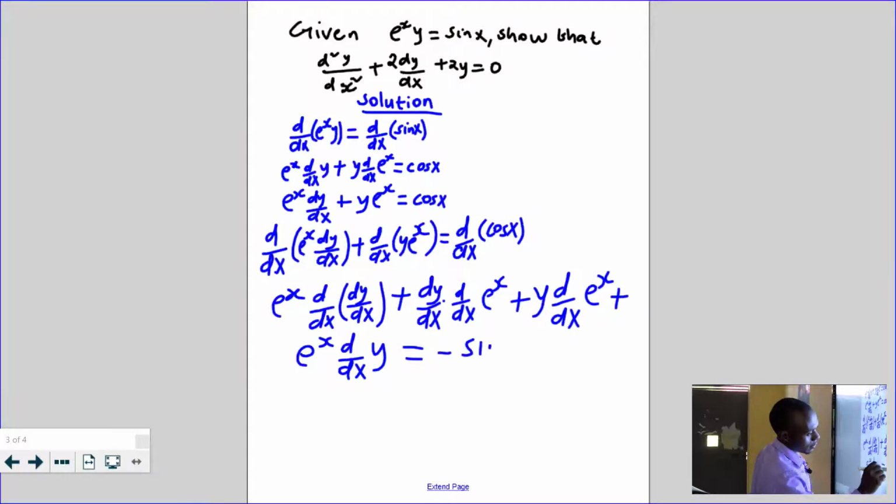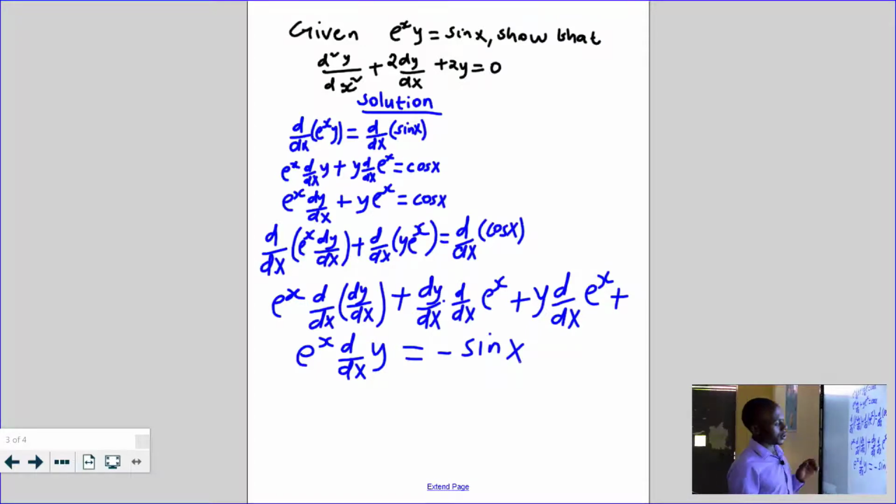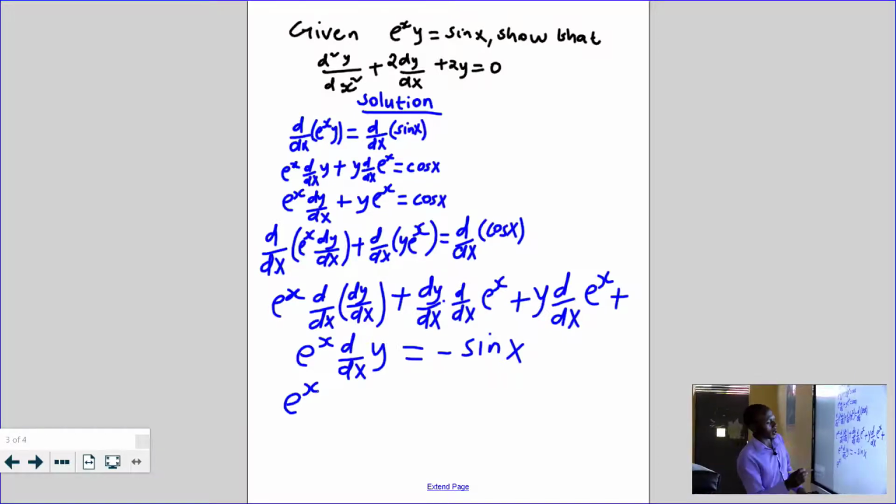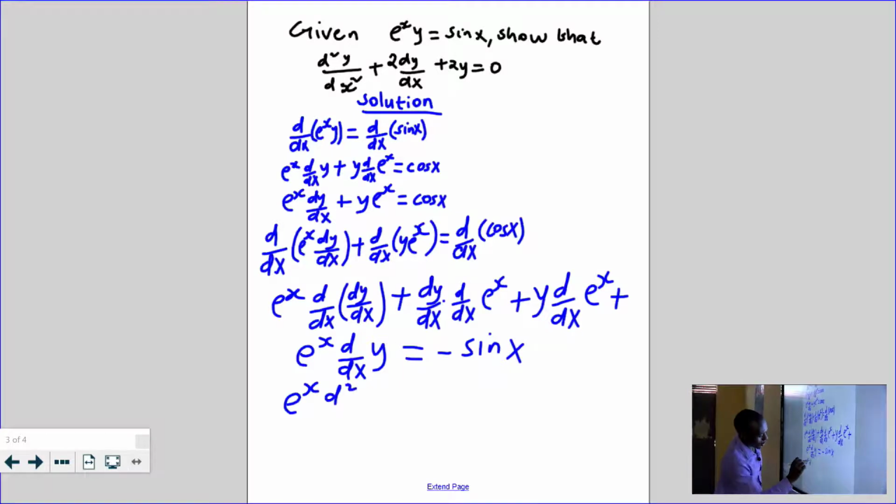Then now let us differentiate it. So it is of course e^x, and then d/dx of dy/dx, which is simply a multiplication, so we obtain d²y, d²y out of dx times dx, which is dx squared.